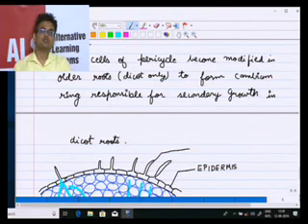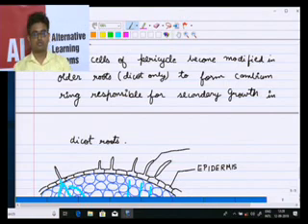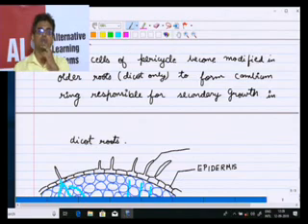Also, pericycle is important for forming lateral roots or branches of roots. Branches of roots are formed by pericycle. So, you will write this also here.